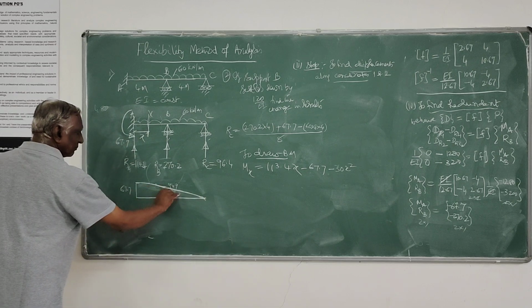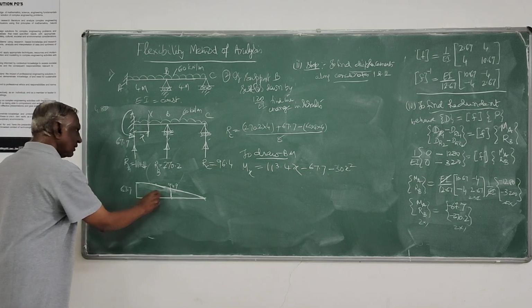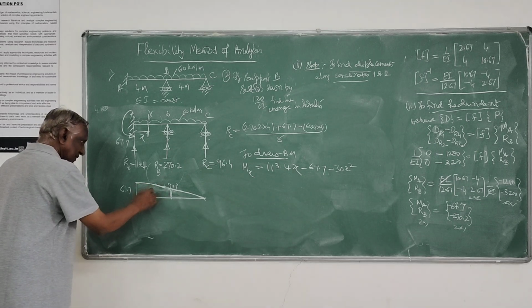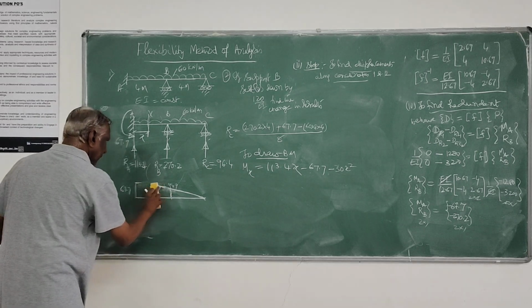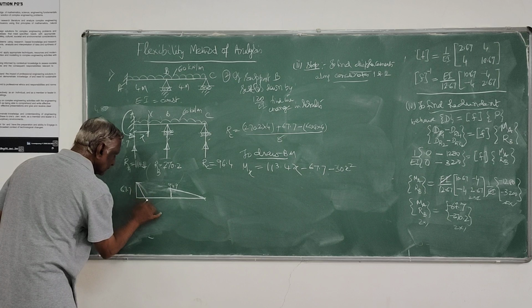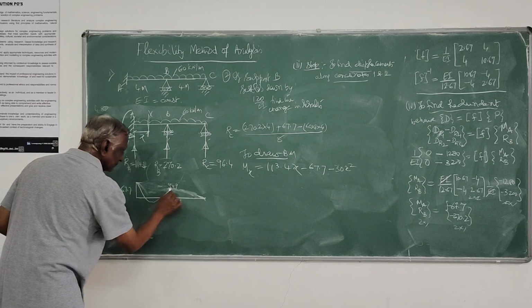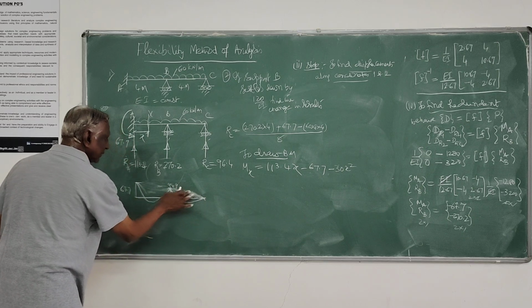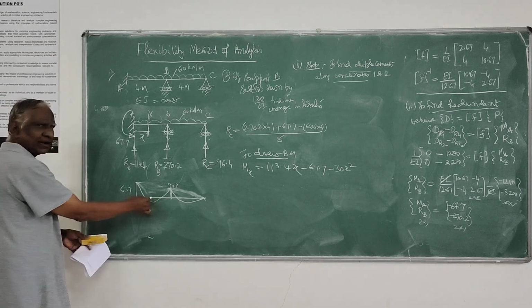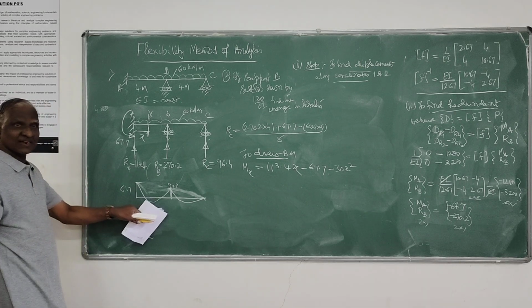So this is negative, and here maybe somewhere, I don't know, probably it may go like that. Bending moment diagram. So this is negative at some point here. It may get 0.